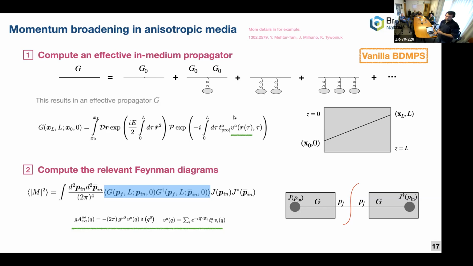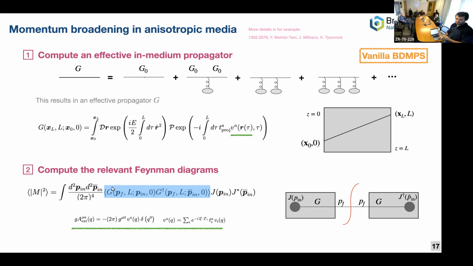And it turns out that for the approximations that are usually employed in jet quenching, you can resum this G in terms of a path integral. And the only point is that it has this kinetic term which takes into account the possibility of the particle to move in between two scatterings. And then it has this potential which just describes the interaction of the particle with the medium.